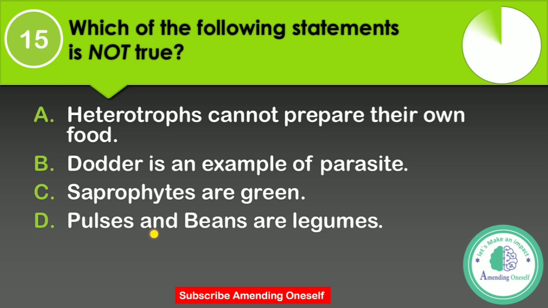It has already been asked in AdSense applications. I repeat the question. Which of the following statements is not true? I will give you 10 seconds more. 3, 2, 1. Time's up.